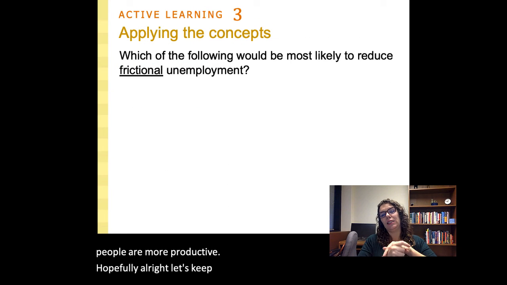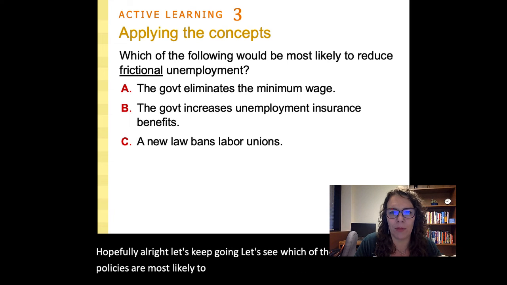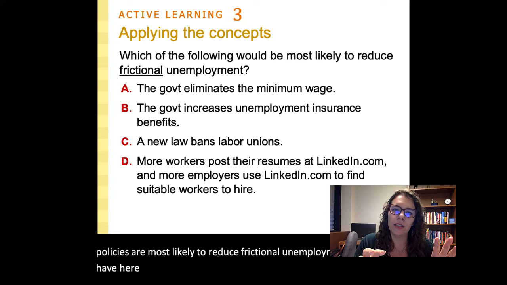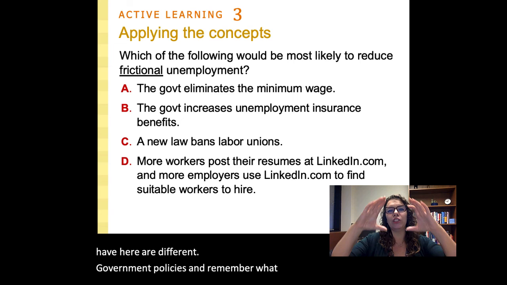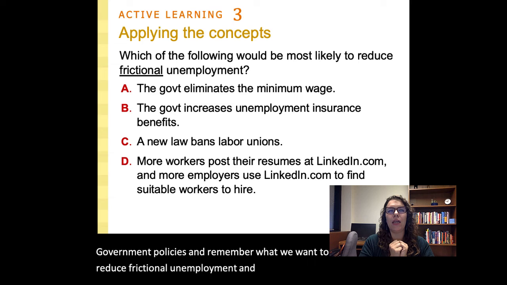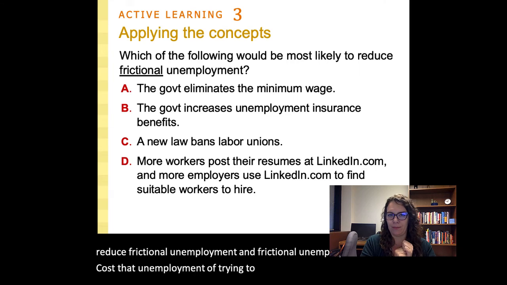Let's see which of the following policies are most likely to reduce frictional unemployment. So what we have here are different government policies. And remember, what we want to do is reduce frictional unemployment. And frictional unemployment is that cost, that unemployment of trying to find the best fit.